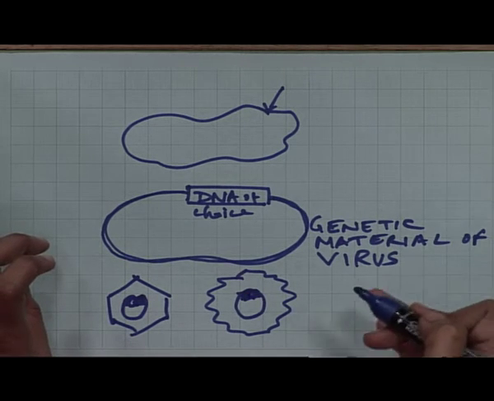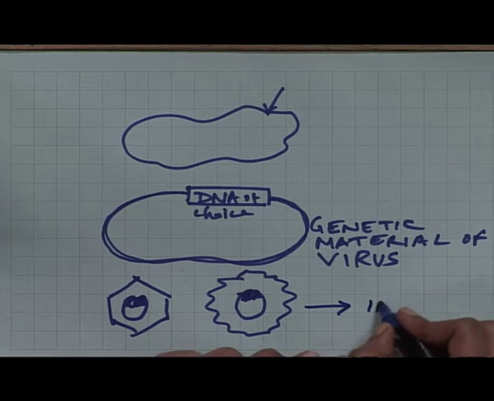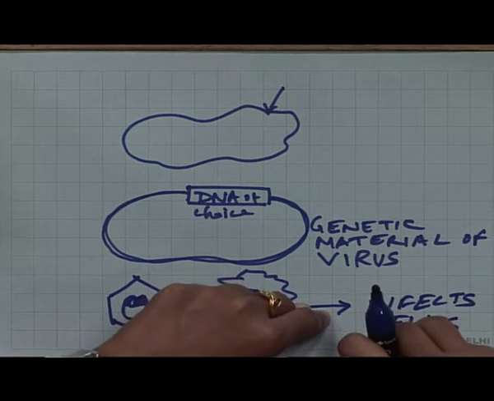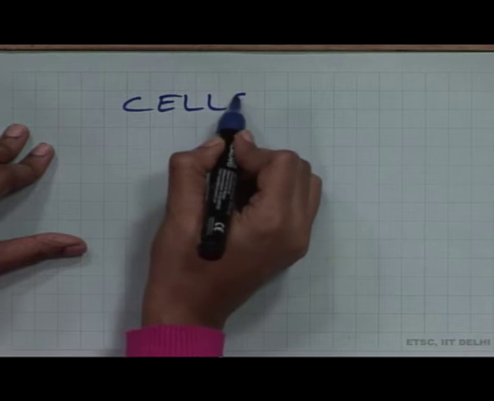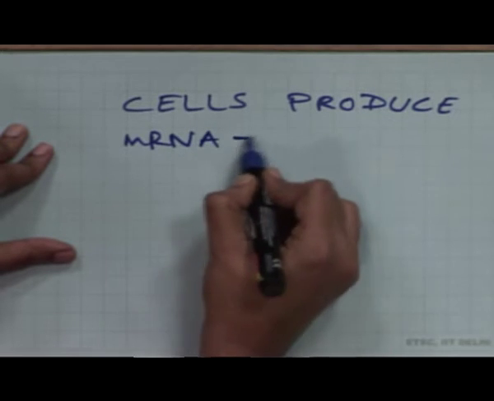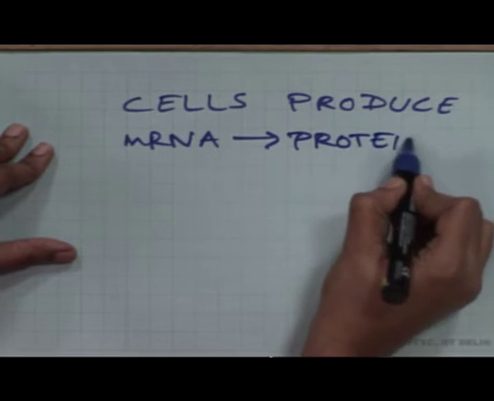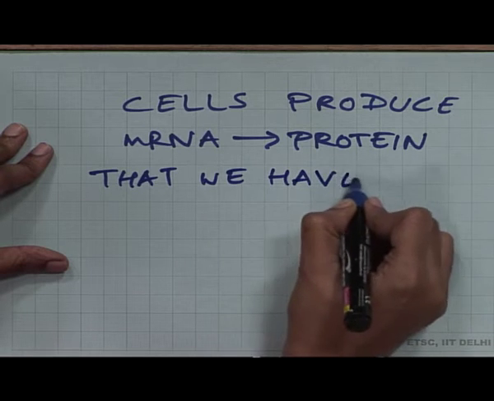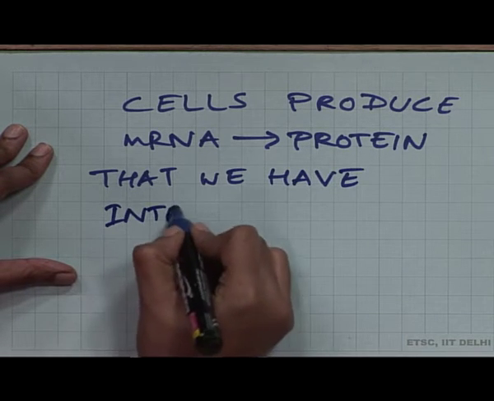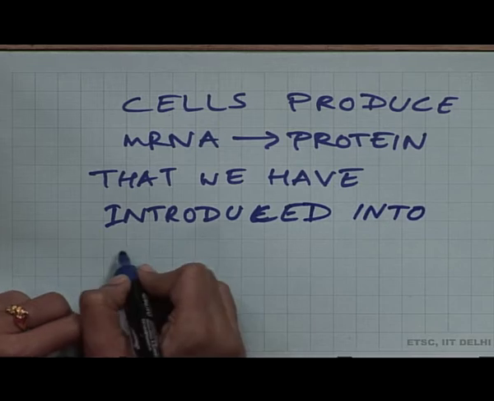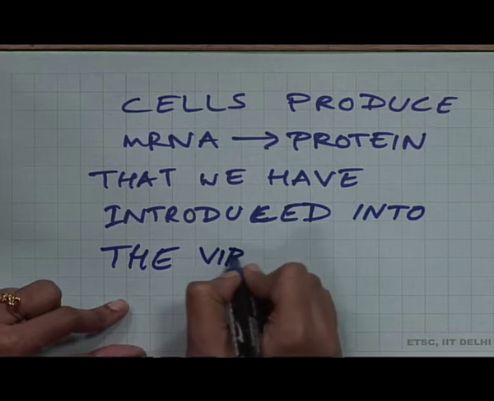So if this infects cells, what we will end up with is a situation where cells produce mRNA and therefore protein that we have introduced into the viral DNA.